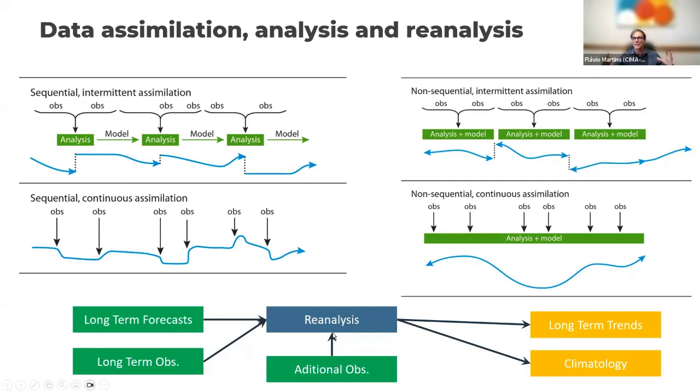With all this, they smash it all up into a new reanalysis, which is typically closer to the truth than the forecast. And it is there, it can be used for long-term trends, for climatology, for whatever you want.